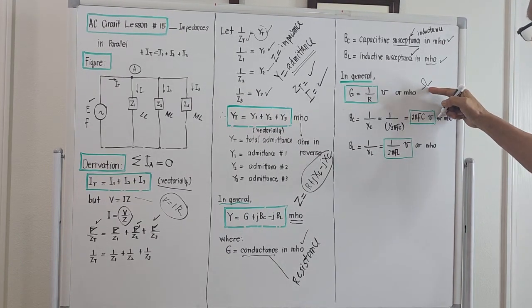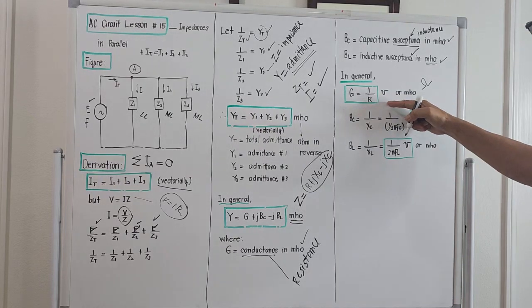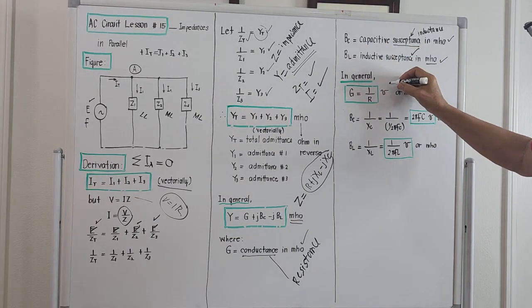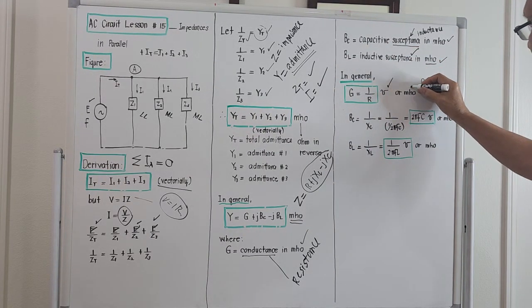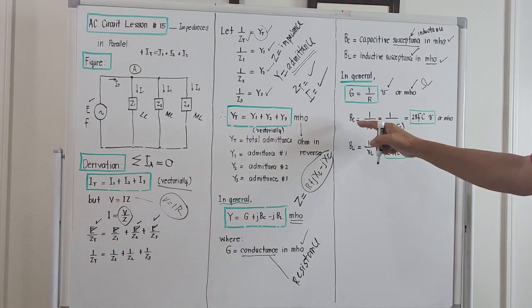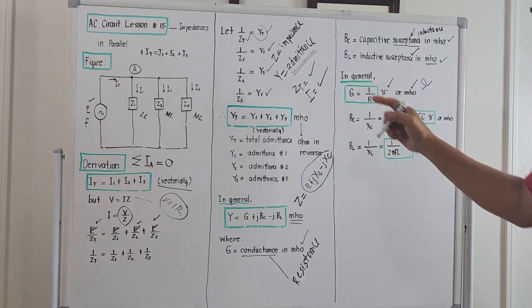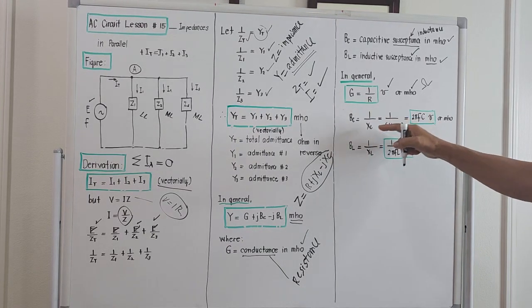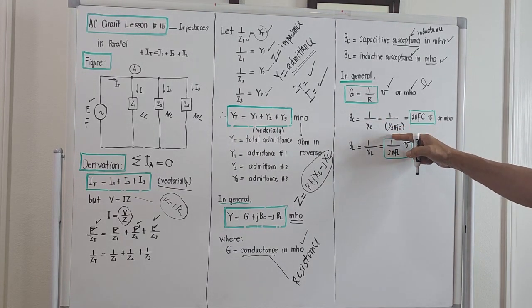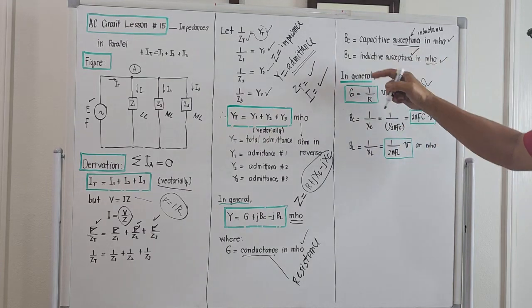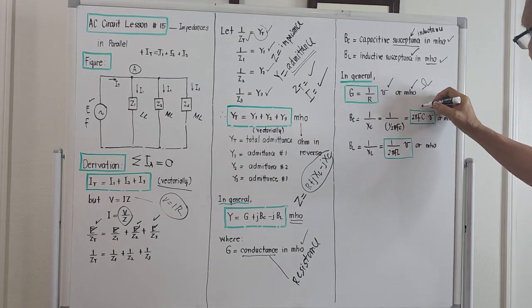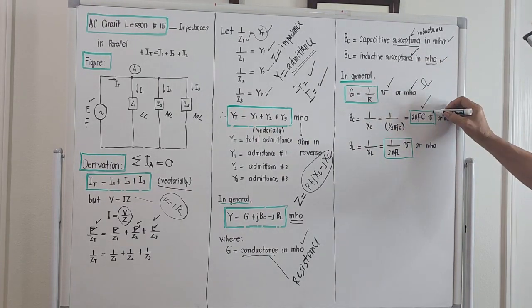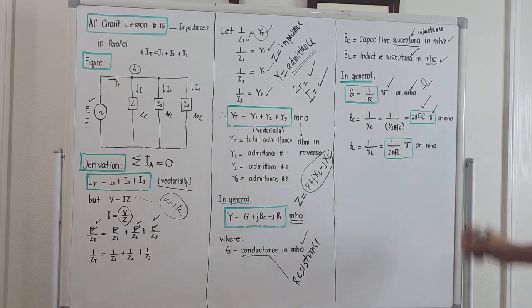So if we take the inverse of this, upside down, this is termed mho. And B sub C is the reciprocal of X sub C, that is 1 over X sub C. X sub C is actually 1 over 2 pi FC. So this 2 pi FC goes up. So B sub C is actually 2 pi FC. And the unit is mho.